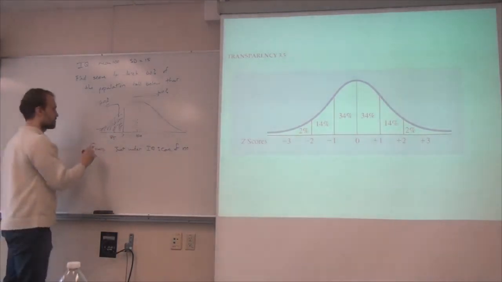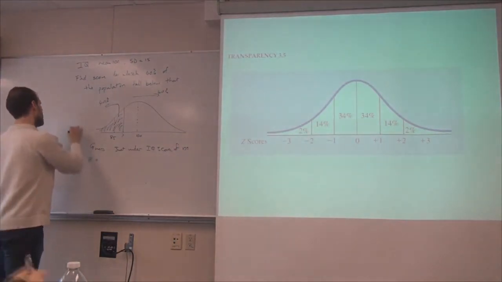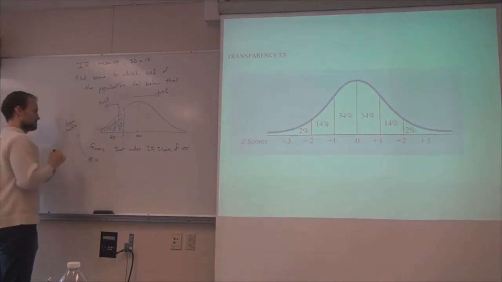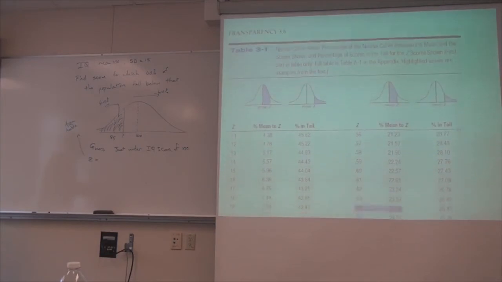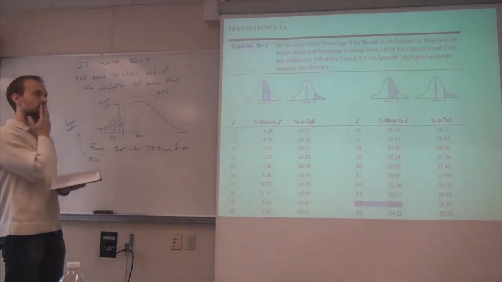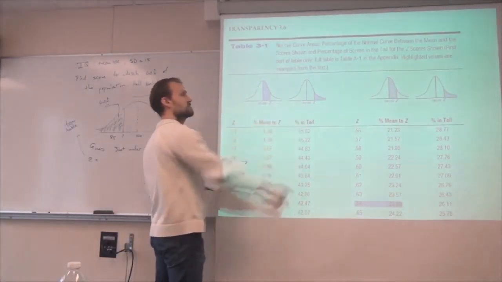Find the z-score first. So let's say here from the table. And now I have to use the table in reverse. Let's go back to the table picture for a second. Which column am I going to use, the left one or the right one?